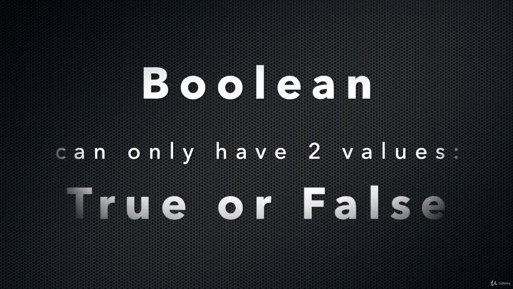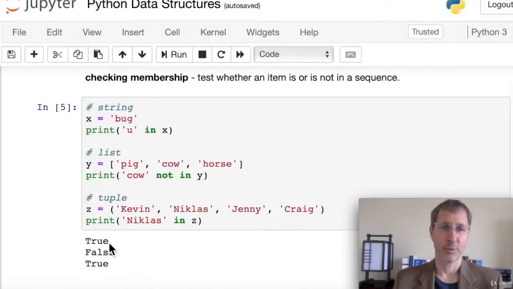In this case, U is in X, so it returns true. Now we have a list: pig, cow, and horse. If we print cow not in Y, it prints false because cow is in Y. For a tuple example, we have a tuple here with 4 names, and if we print one of those names in Z, we get true because it is in Z. So it's really easy to check membership using in or not in.